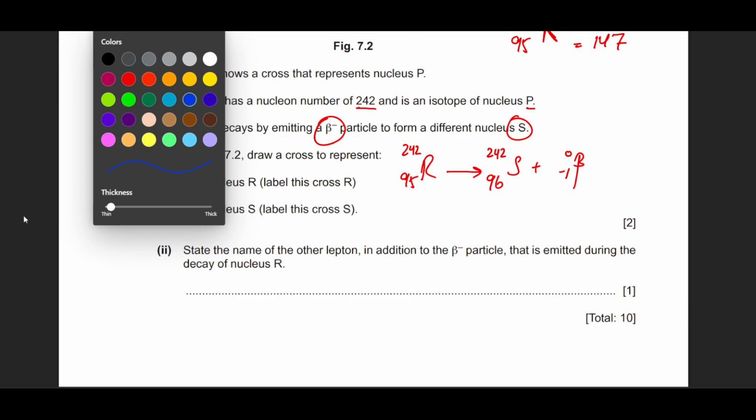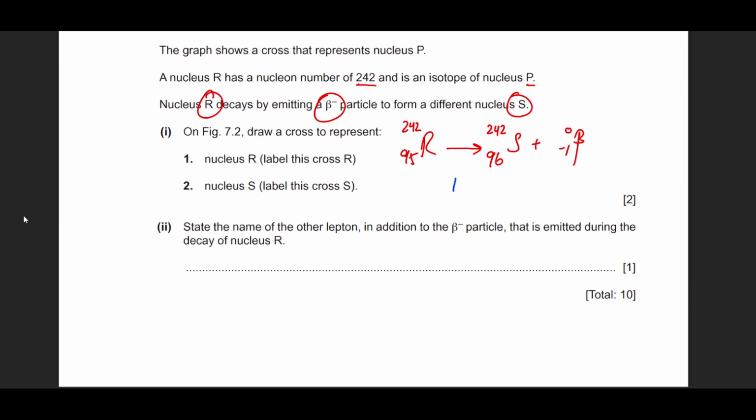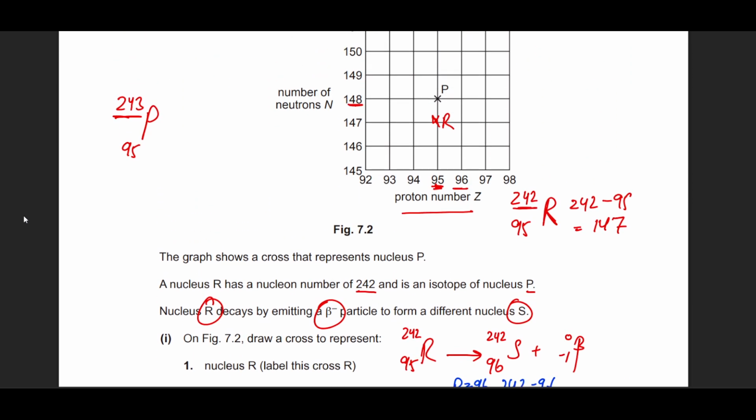Okay. Let's do the calculations. So our proton number is 96, but what's the neutron number? So 242 minus 96 gives you 146. So let's find where is 146.